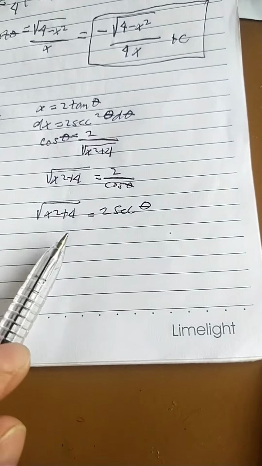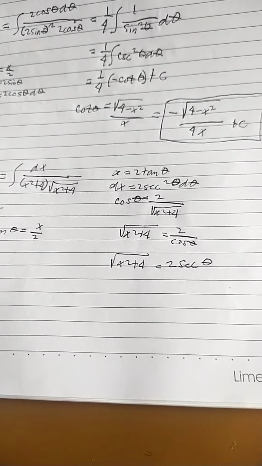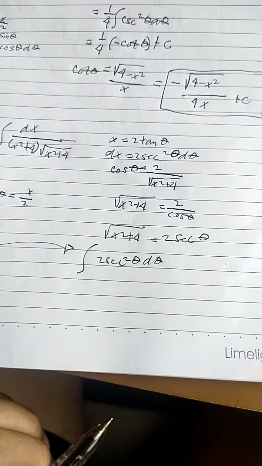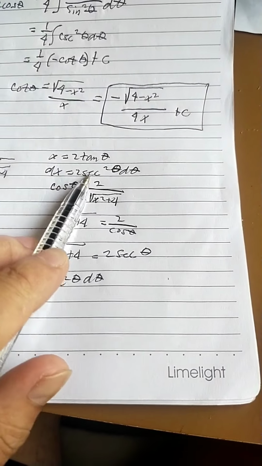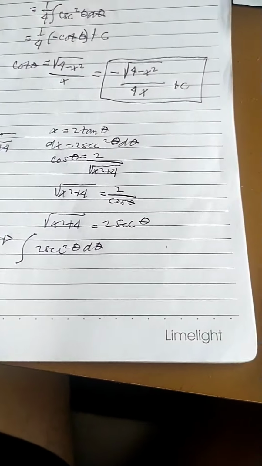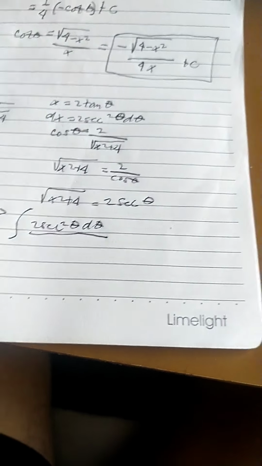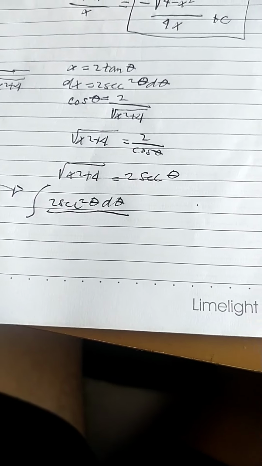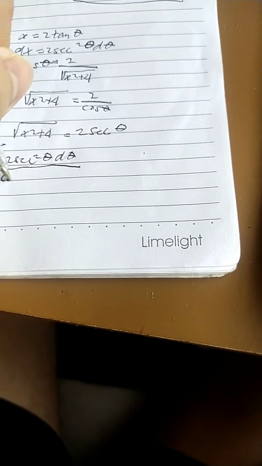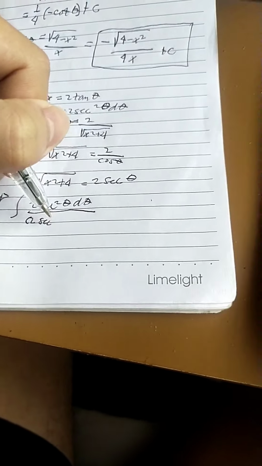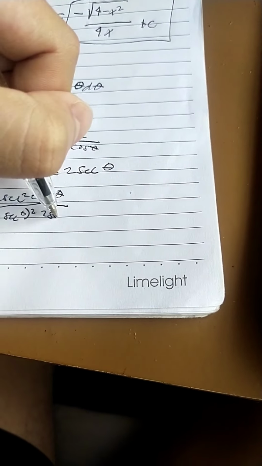So now we can solve the problem. Our dx is 2 secant squared theta d theta all over 2 secant theta squared multiplied by 2 secant theta.